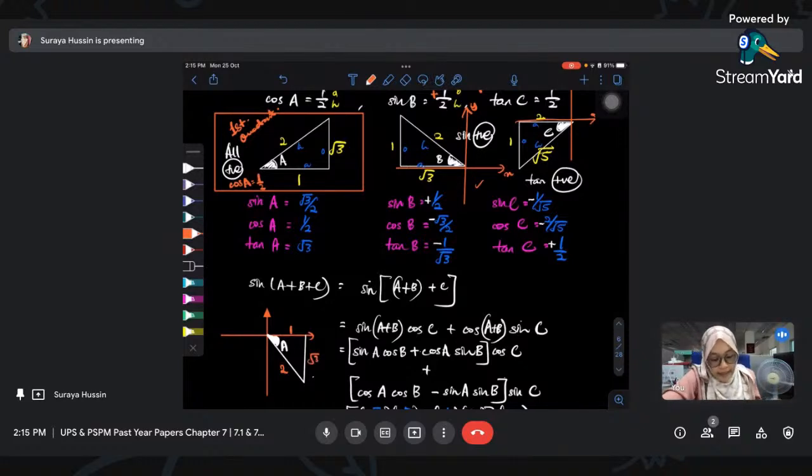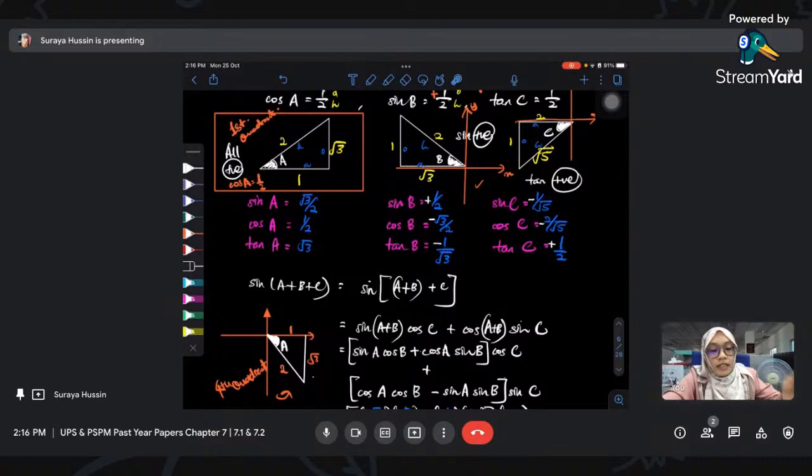So basically sama ada first quadrant ataupun fourth quadrant, both are just fine. Sebab yang positif cos adalah pada first quadrant ataupun fourth quadrant. Actually both are correct.